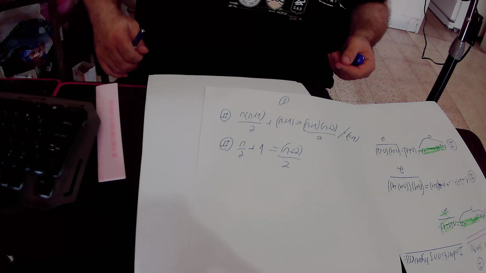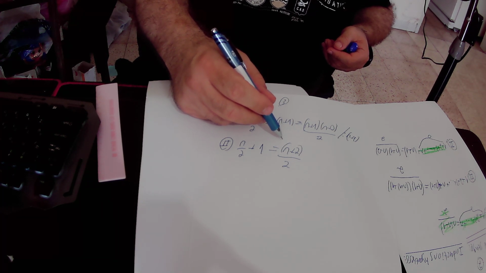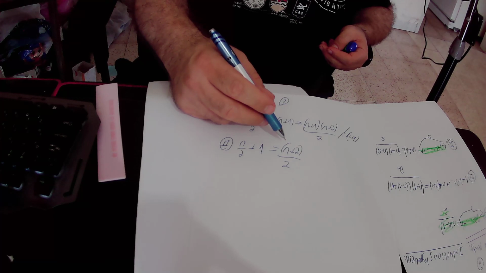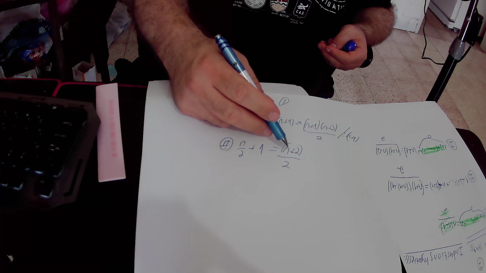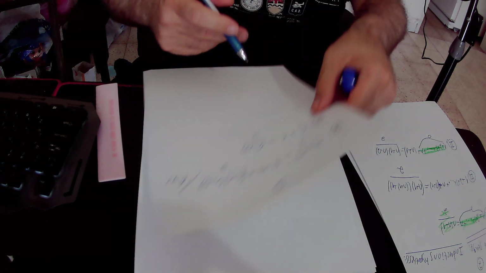So here actually we can separate this expression into two parts. It will be n divided by 2 plus 2 divided by 2. Okay, so we will write it down.